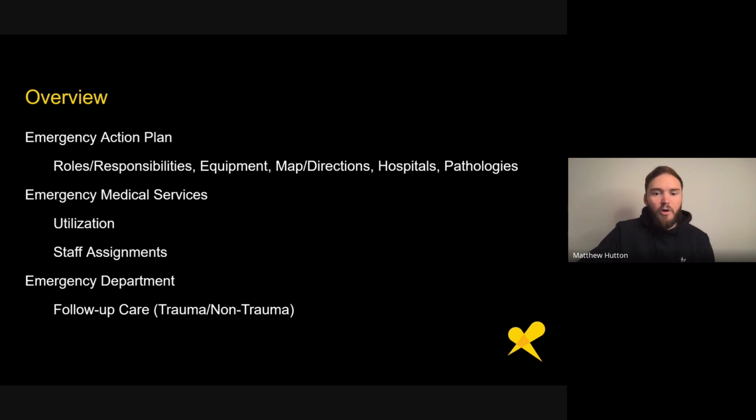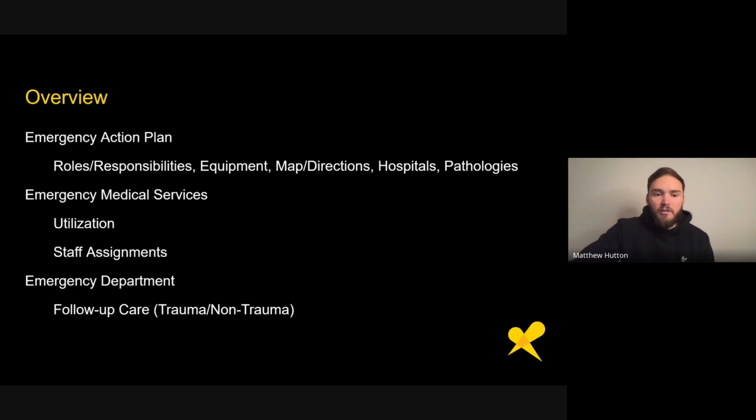So quick overview of what we'll go through. The EAP is probably the most common thing that you're going to have at all levels. There's going to be a little bit of difference in terms of the details and what needs to be included depending on where you're working. But for the most part, the EAP is something that all ATs are implementing.